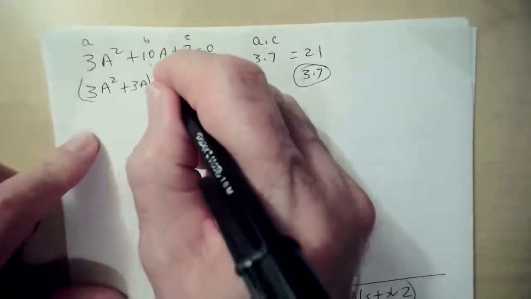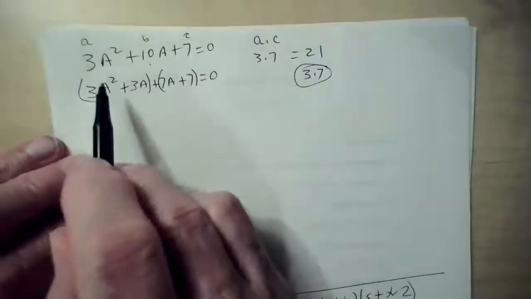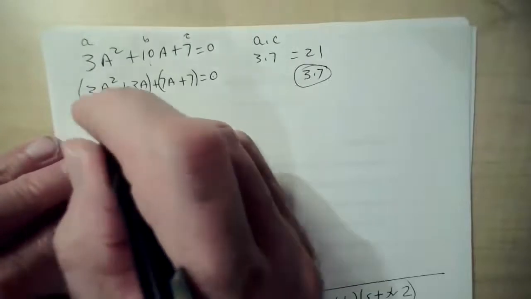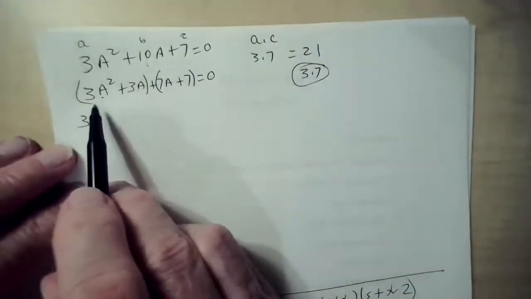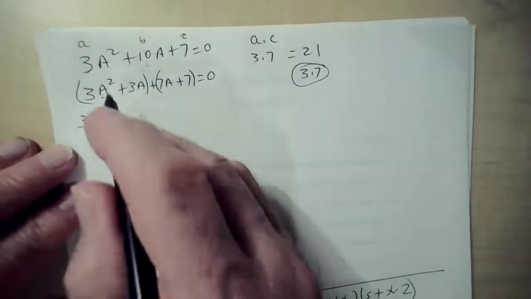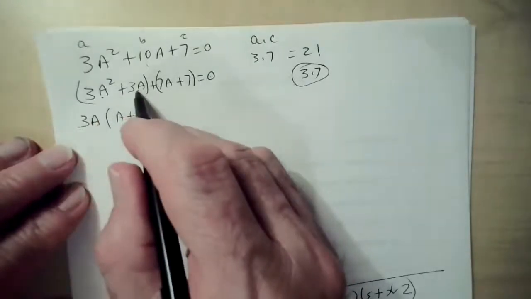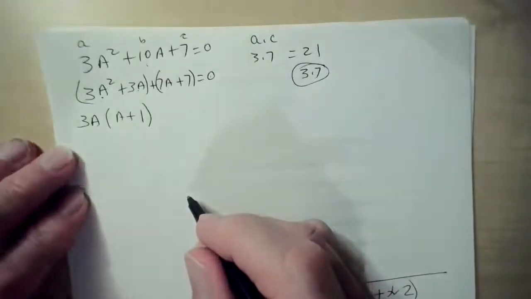And again, we're going to do grouping. Group those together. Now what can we factor out of this here? 3a. In other words, when we say factor out, what is common? What is in both of these terms here? 3a times a plus, now 3a times what is 3a? 1. Don't forget you have to have that.